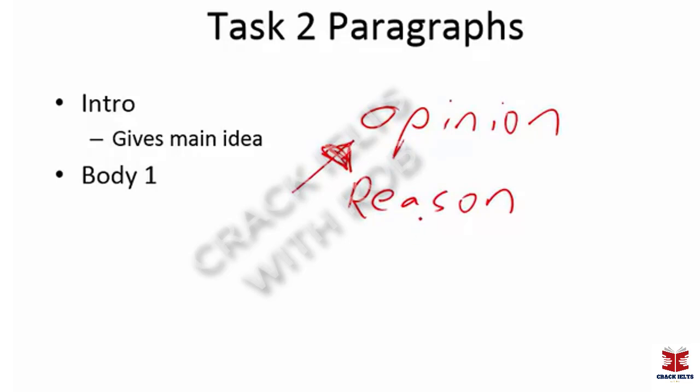And then in that paragraph, what you will do is you will talk about that reason, and you will provide examples to show what you mean and more detail to clarify your idea. So the intro gives your opinion, and then the first body paragraph gives the main reason you hold that opinion and details to support it.